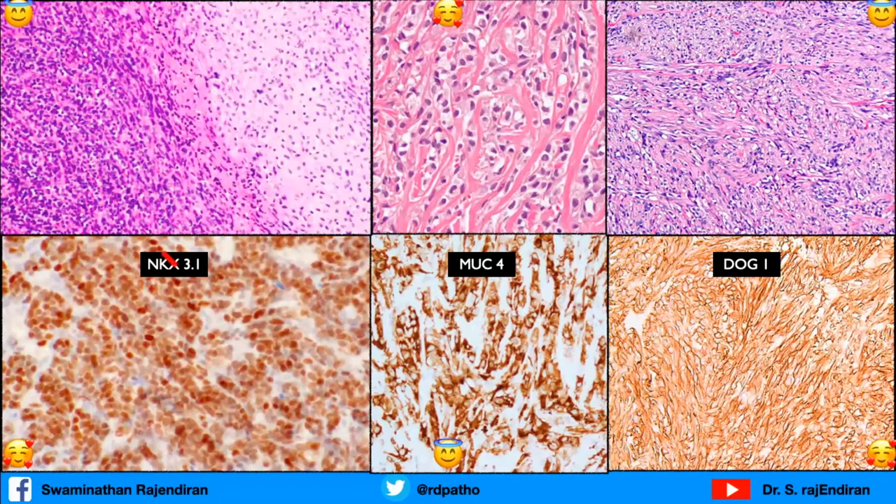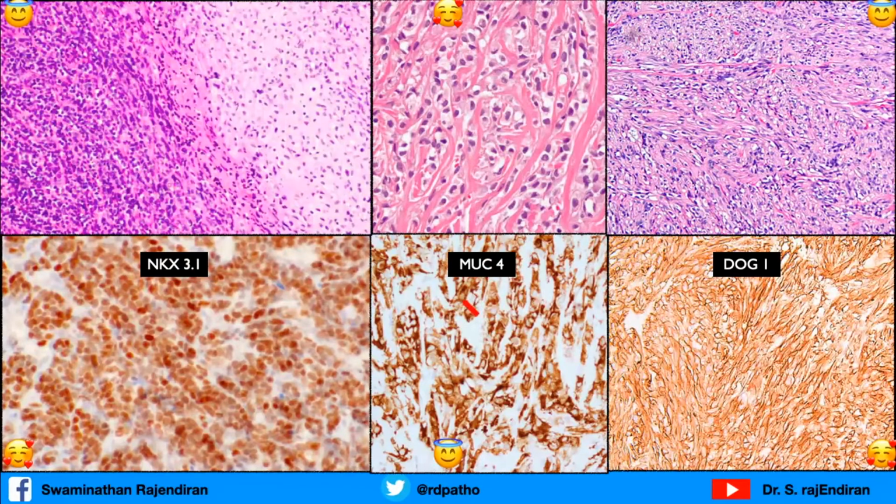NKX3.1, supposed to be a marker of prostatic adenocarcinoma, seems to be a very nice marker for mesenchymal chondrosarcoma. This one shows a lot of sclerosis and small round epithelioid cells. This is a specific tumor that is positive for MUC4 marker in the cytoplasm.